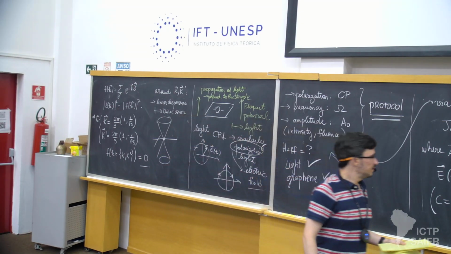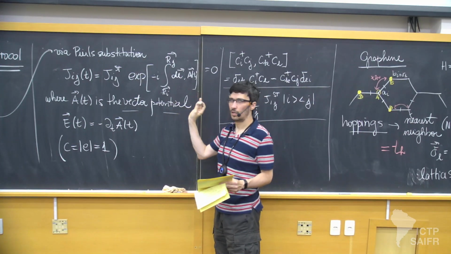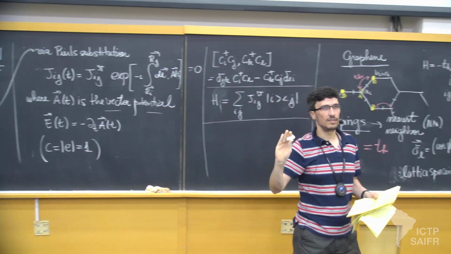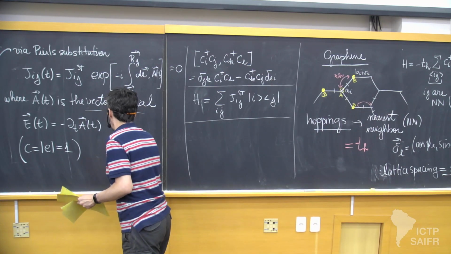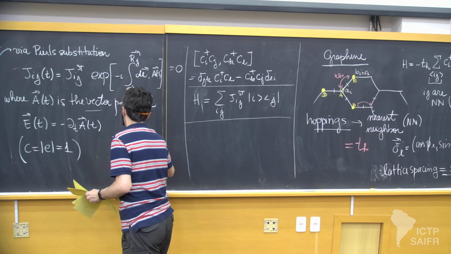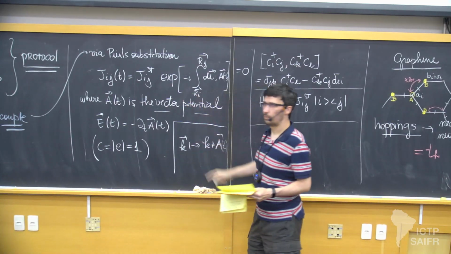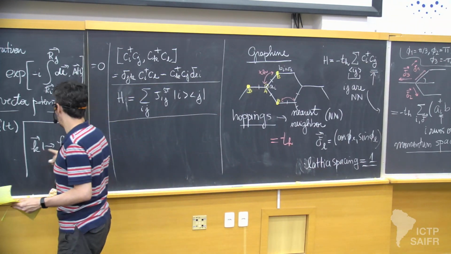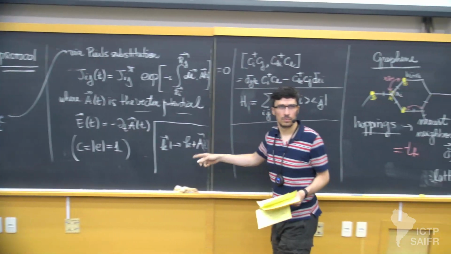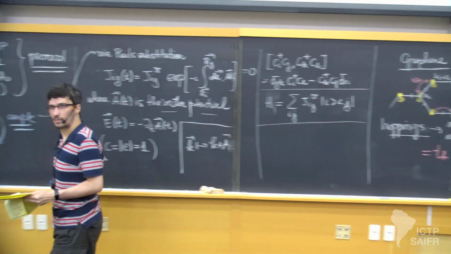This equation here, if you have never seen this before, is the lattice version of the standard minimal coupling that you see in quantum mechanics, that basically boosts k in momentum space to k plus A of t. These two things are completely compatible. You may have seen this earlier in classical mechanics even, how to do the minimal coupling.